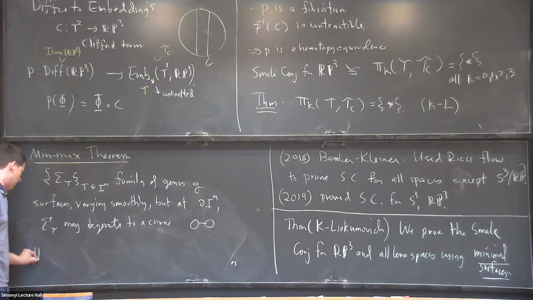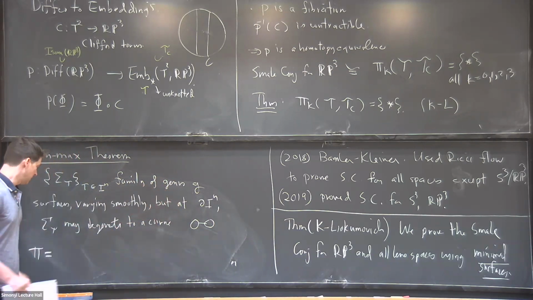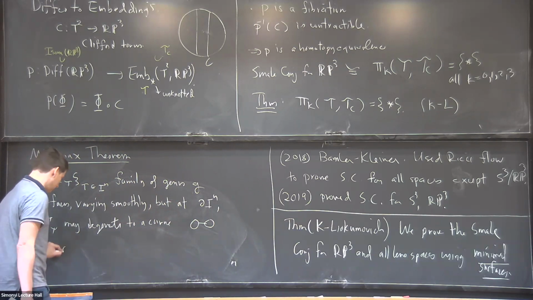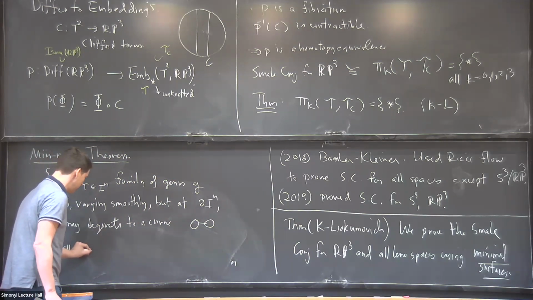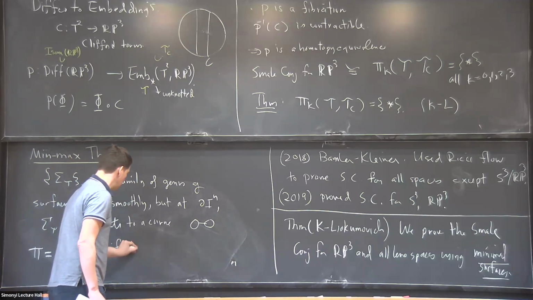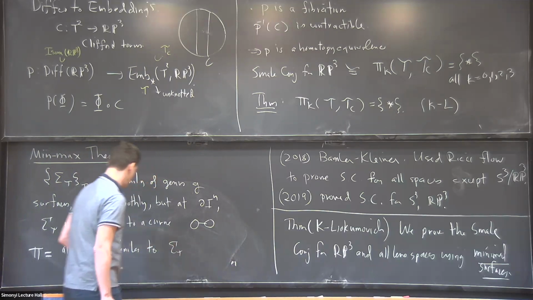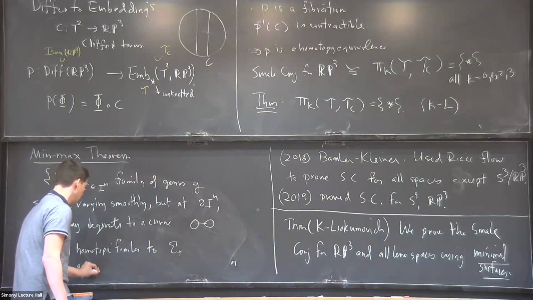Some sort of one-dimensional set, something like that. Okay, so what you do is you consider the homotopy class of this family. So you fix the boundary of this family and you look at all homotopic families. Let me not write the definition: all families homotopic to the initial family sigma t, agreeing at the boundary.